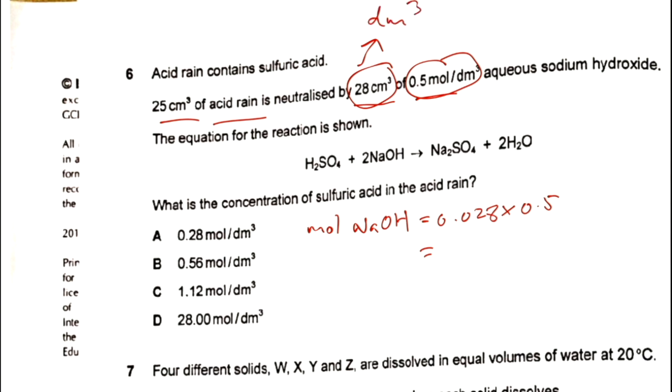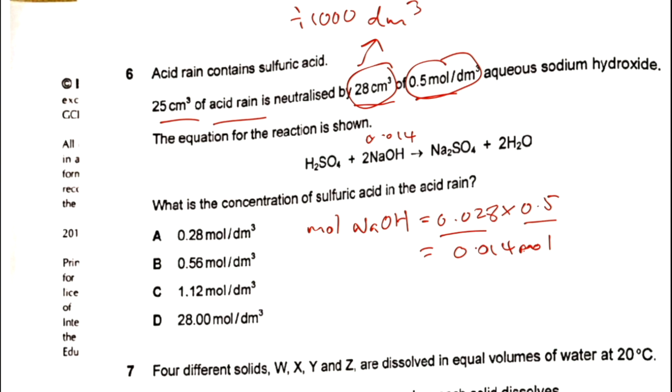The 28 cm cube must convert to dm cube, so I divide by 1000 to get this number. Then I times 0.5, I will end up with 0.014 mole. So for sodium hydroxide, here is 0.014 mole.